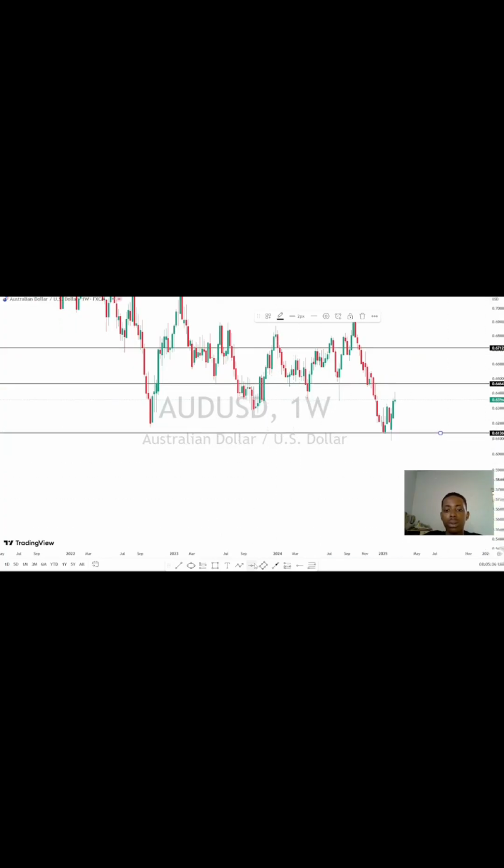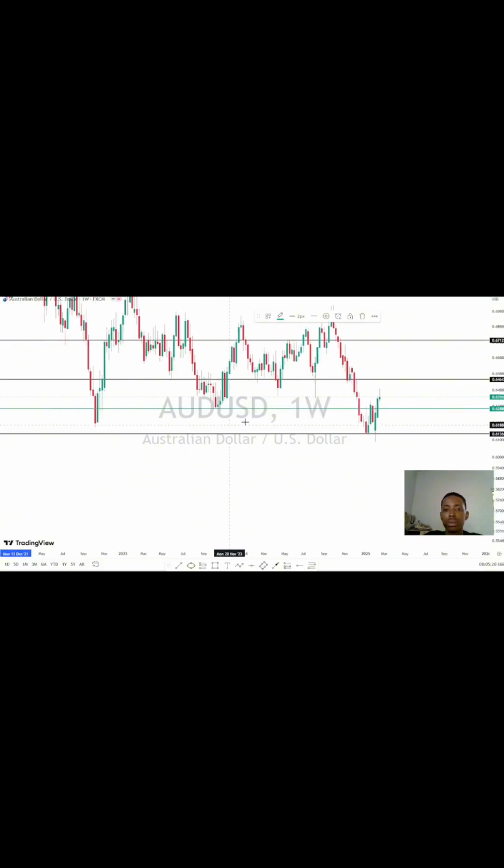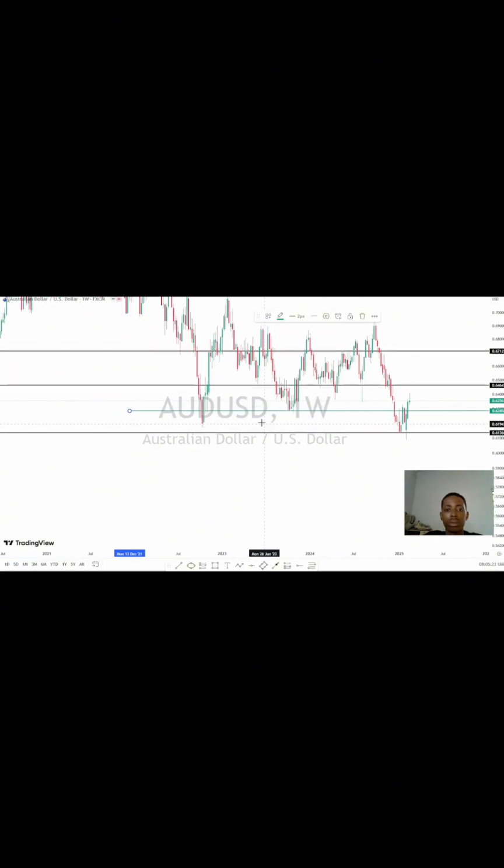I can still see another level here, and this is another level. If I map it out clearly, this is another level.